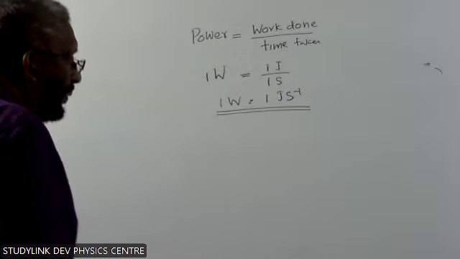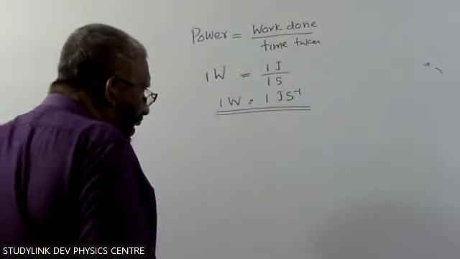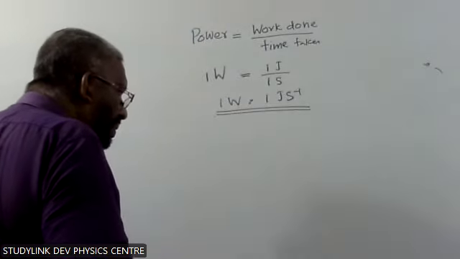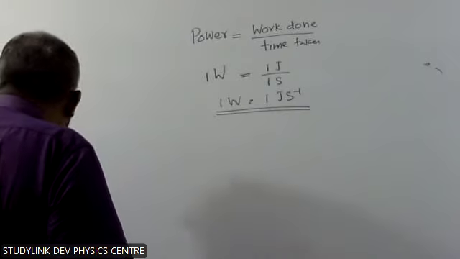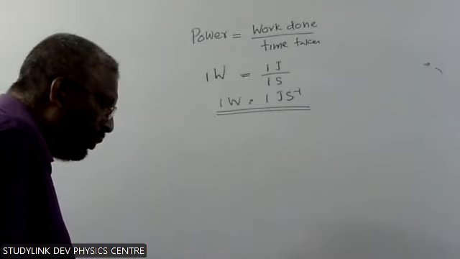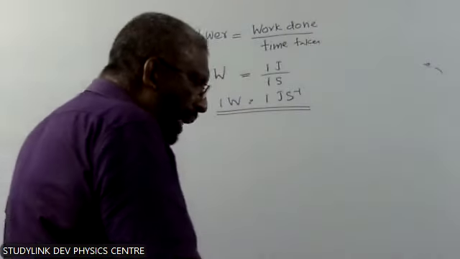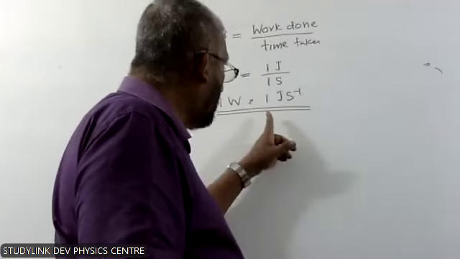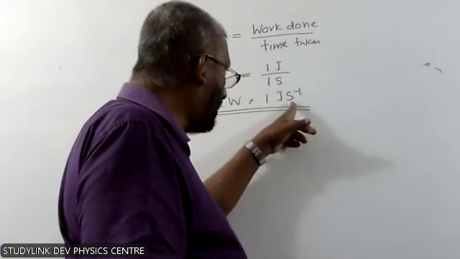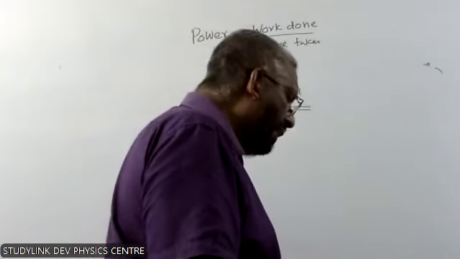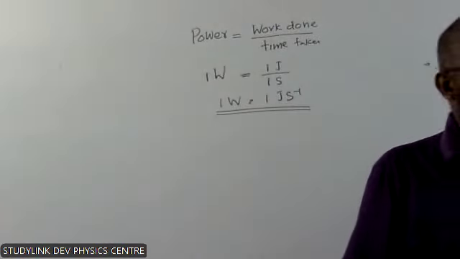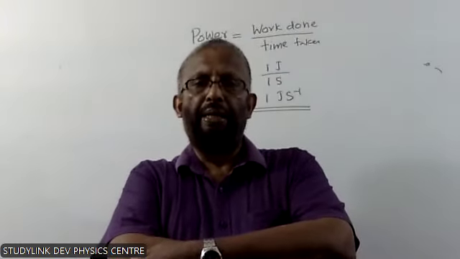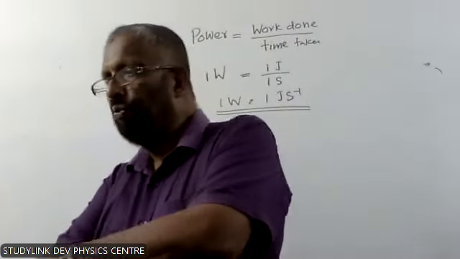When 1 joule of work is done in 1 second, a work of 1 joule is done in 1 second, then the power is defined as 1 watt.